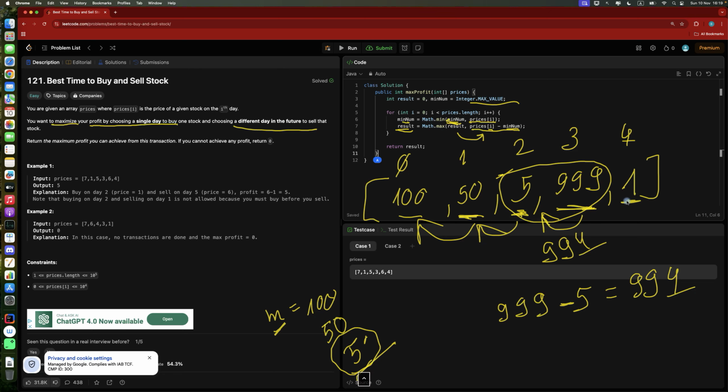So when we came here, this min value will become 1, but there are no more elements, so we are at the end, so we cannot make a profit here.